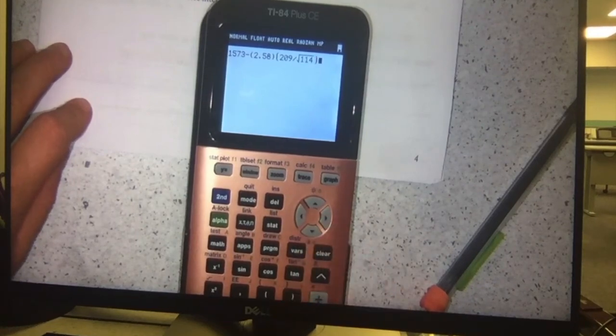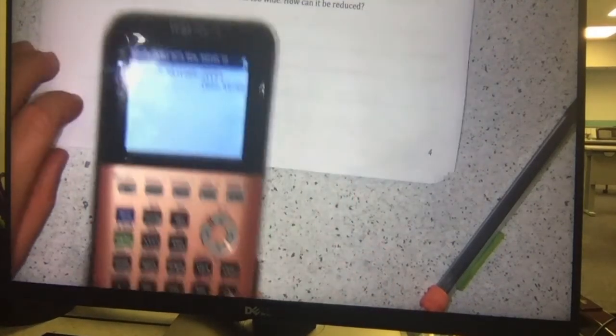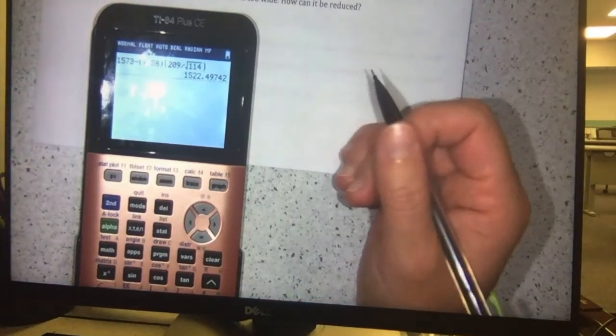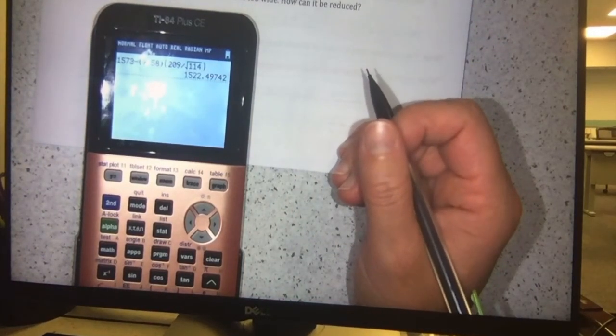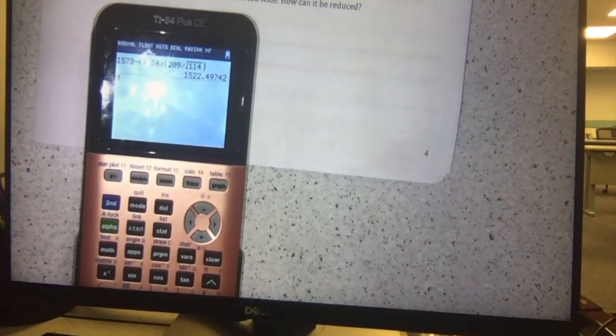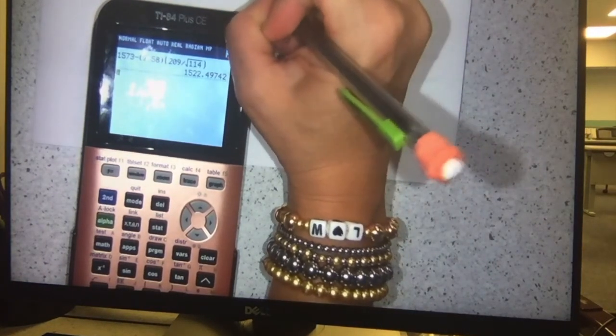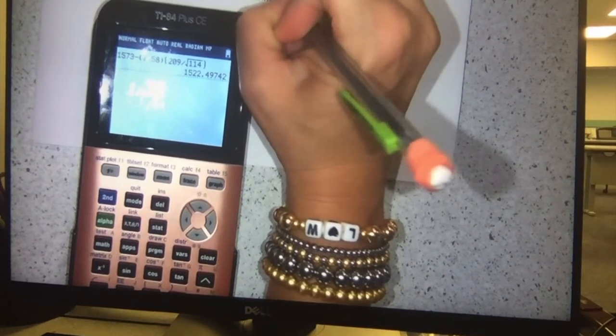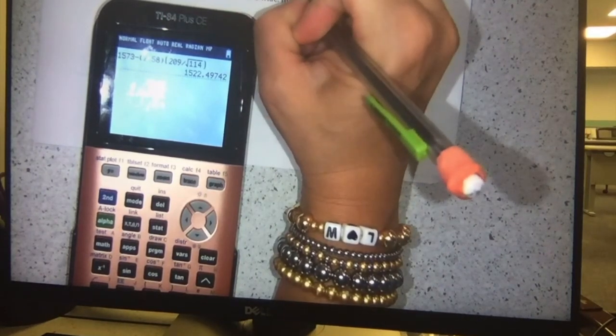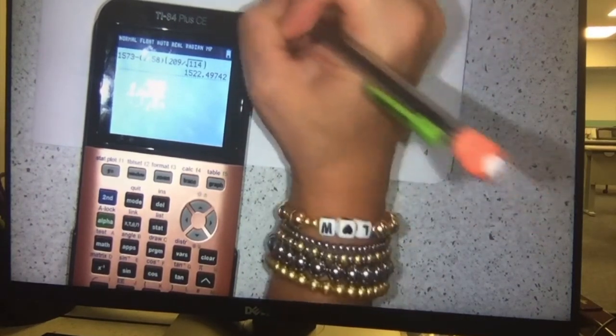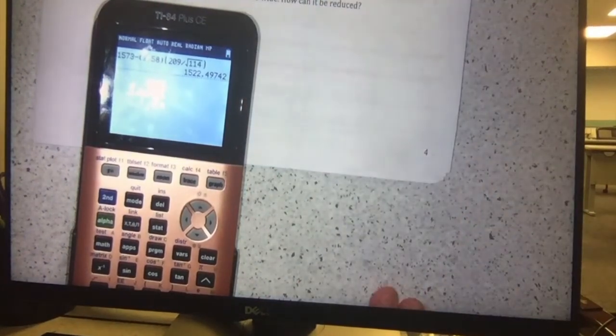So scroll out. That will equal 1522.497, which will be 1523.